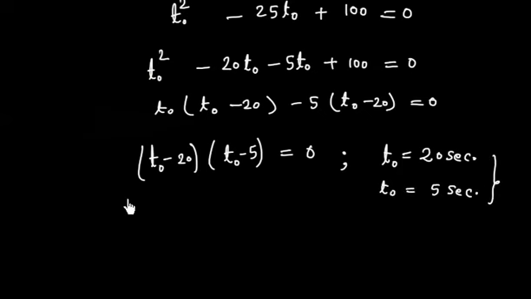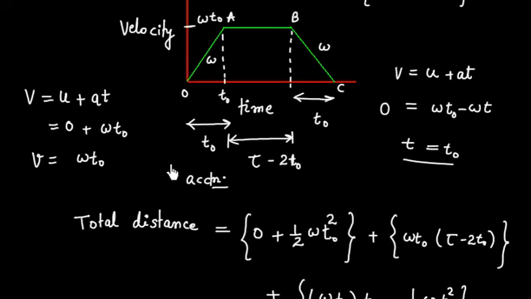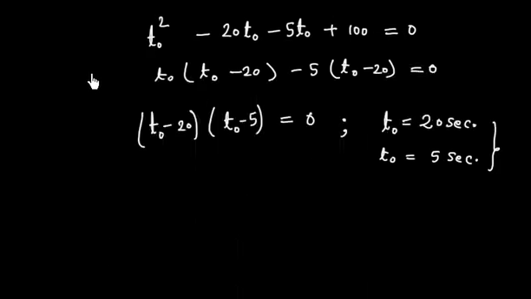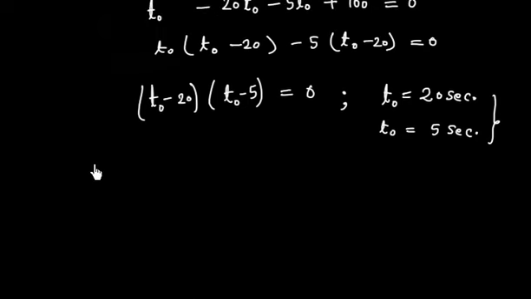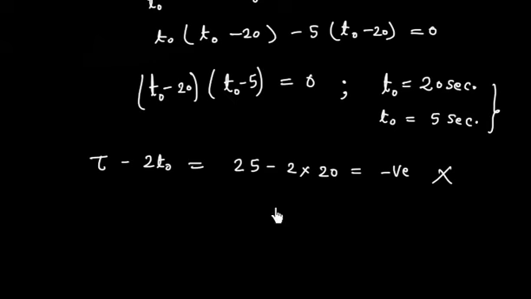Now among these two, one will be physically meaningful and one will have no physical meaning. Basically we have to find this time interval, tau minus 2 t naught. If t naught is 20 seconds, that is 25 minus 2 into 20, which gives a negative value, so physically it has no meaning.